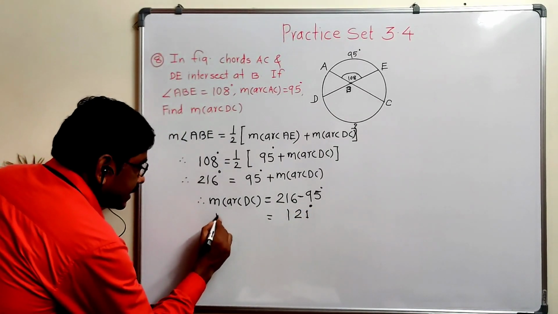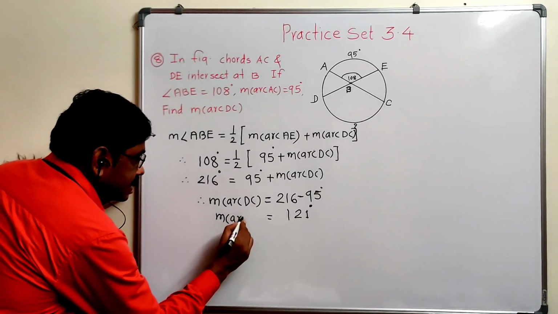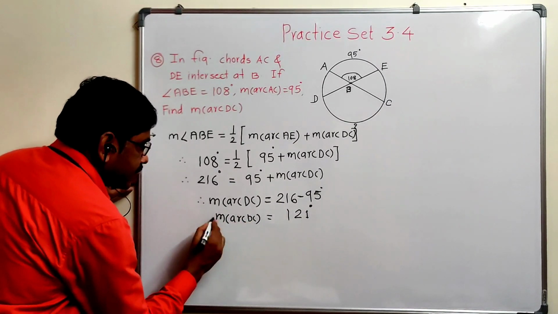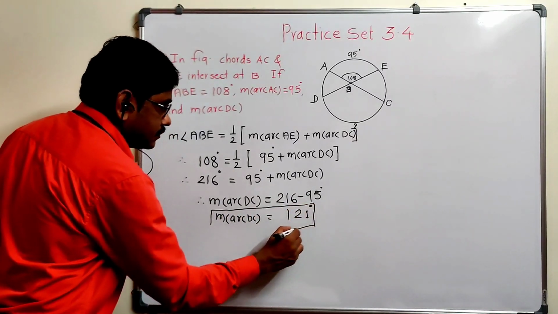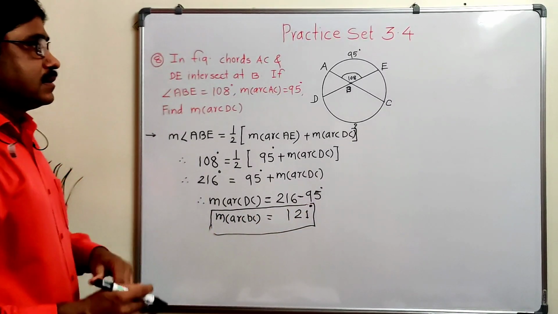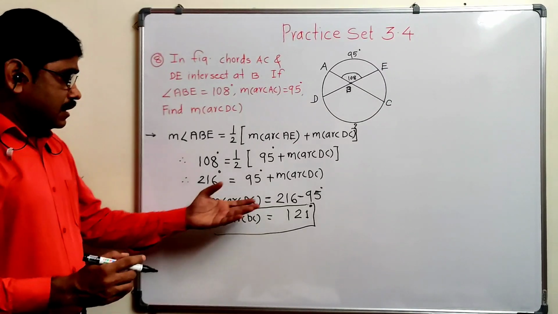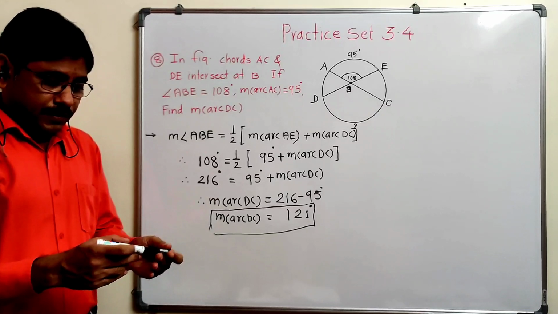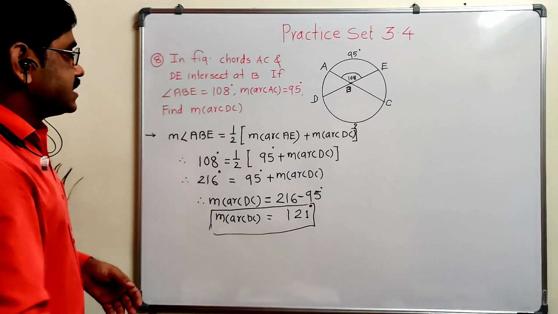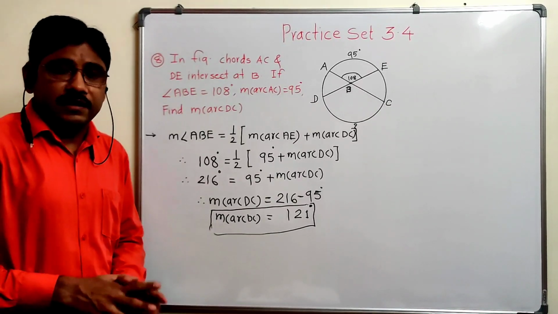So we get our answer, major arc DC is equal to 121 degree. So in this way we can find the measure of the arcs using those three relations.